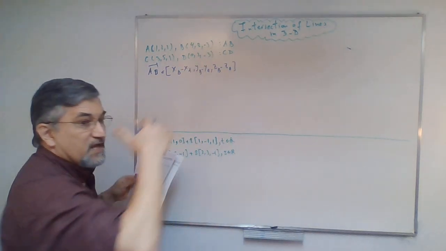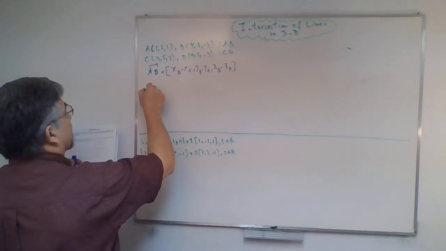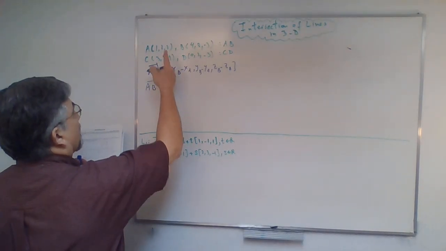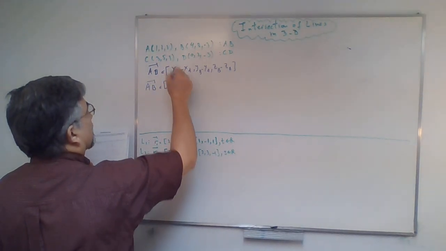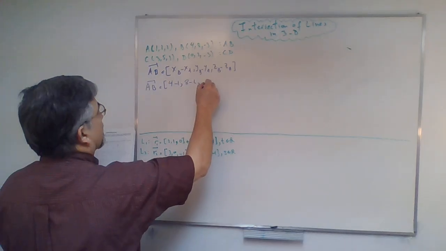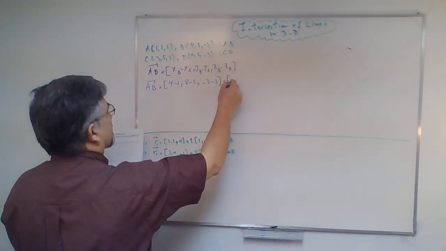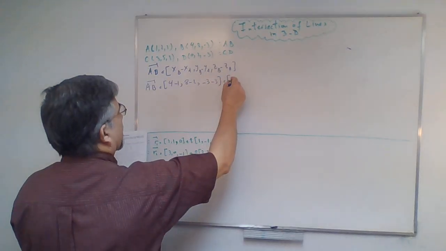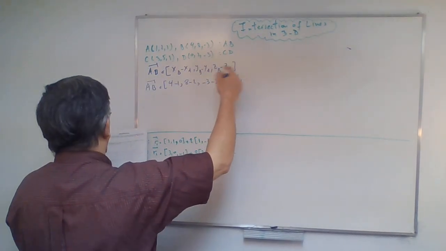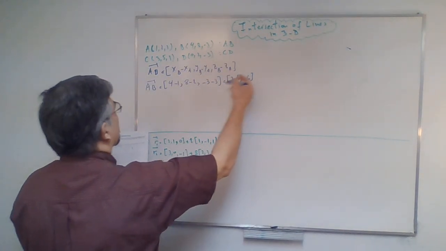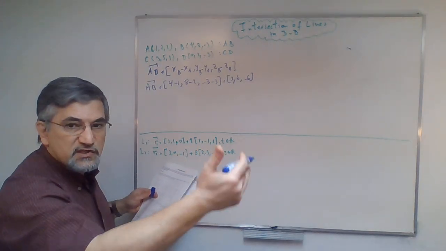You know the formulas from the past chapters, okay? Then vector AB would be 4 minus 1, 8 minus 2, negative 3 minus 3. So that would give us 3, 6, and negative 6. So this is the direction vector of line AB in space.